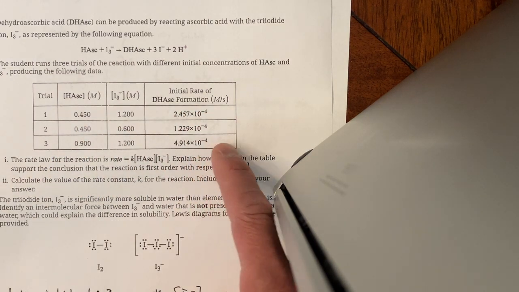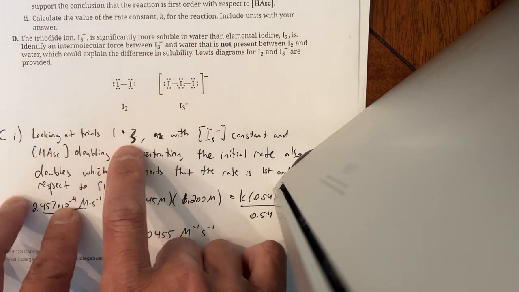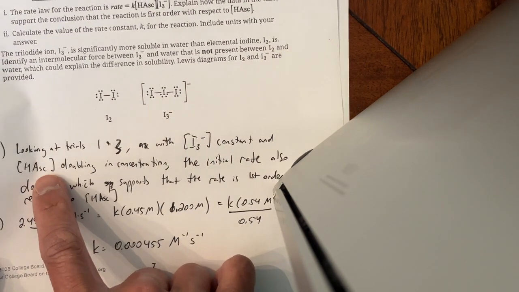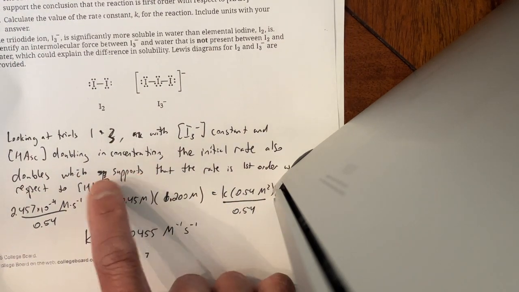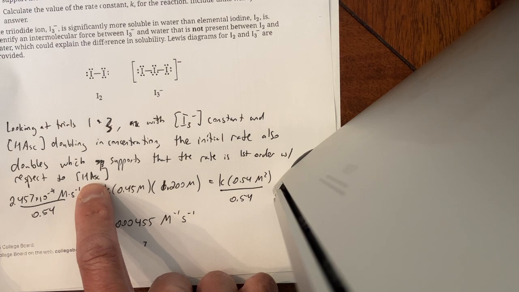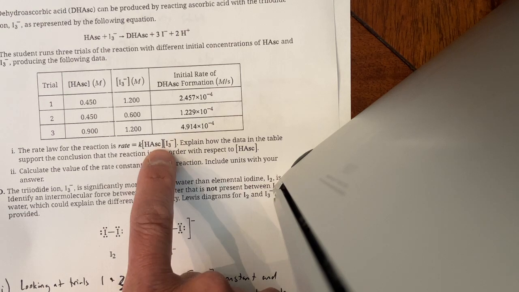So you have to make sure you specify trials 1 and 3 with I3 constant, and then the ascorbic acid doubling in concentration, the initial rate also doubles, which supports first order with respect to ascorbic acid.